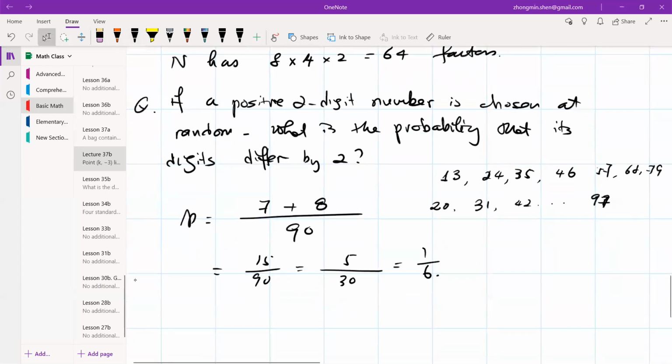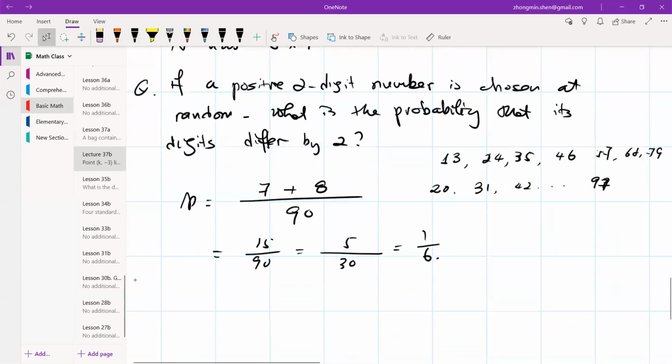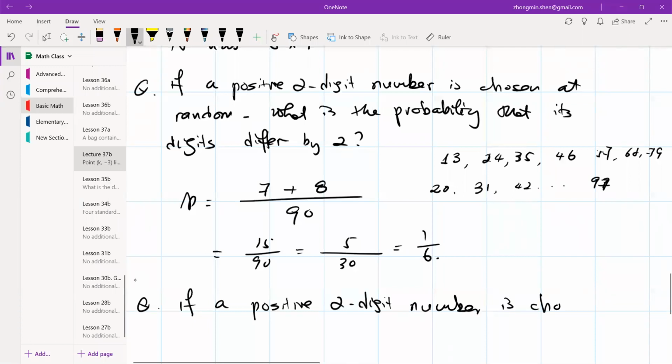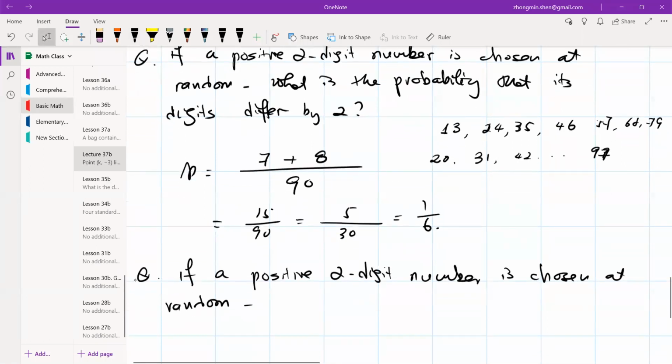Now, the problem can be asked in many different ways. For example, the same question: if a positive 2-digit number is chosen at random, what is the probability that the sum of its digits is going to be 14?